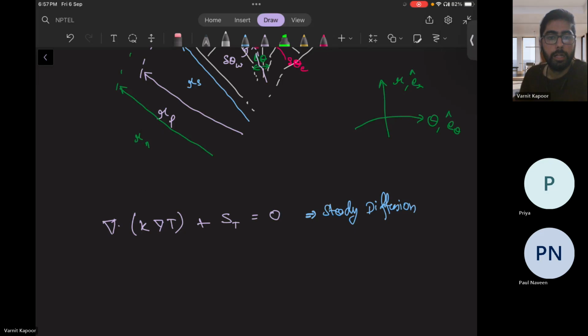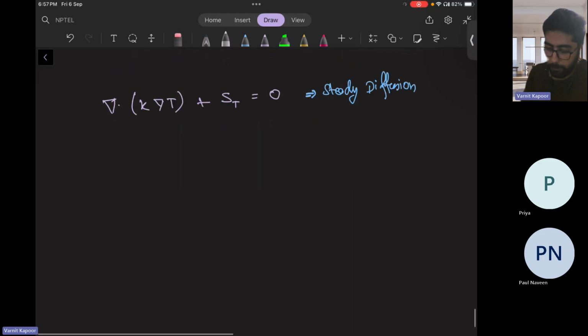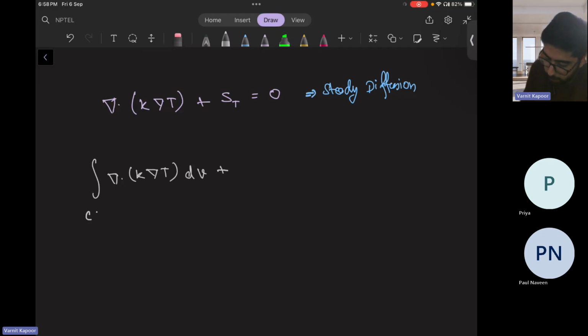Okay. Now, first of all we are dealing with the control finite volume technique, so we will integrate over the control volume: del of K del T dV plus S dV over a control volume equal to 0.